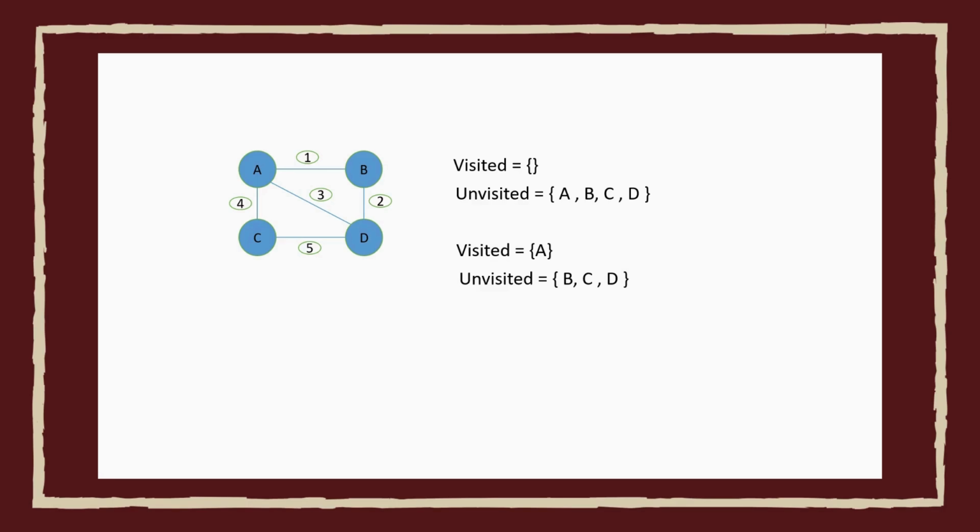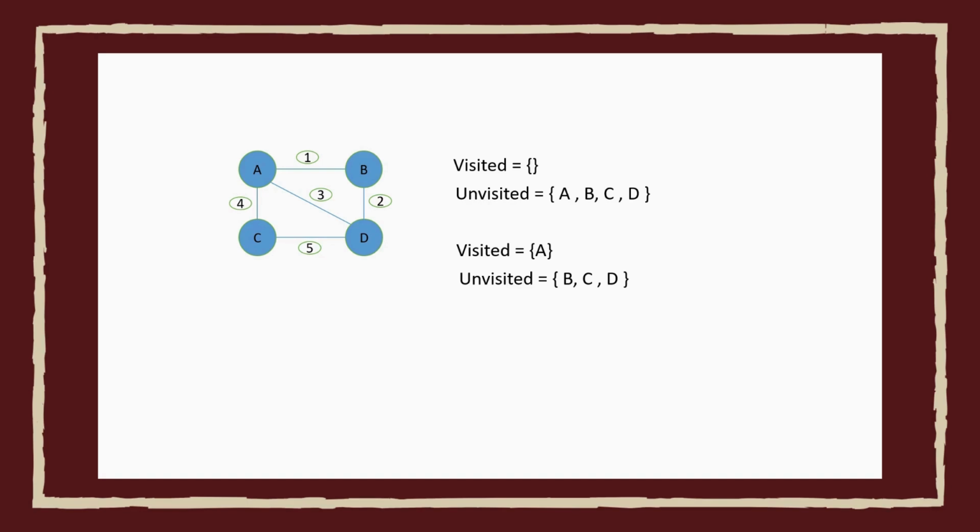We mark A as visited, which means A is removed from the unvisited set and added to the visited set. Next step, now we look at all the paths that connect visited nodes to unvisited nodes. At this moment, the visited set contains only A. From node A, we can go to B, we can go to C, and we can go to D. Among these paths, we select the one with the minimum cost.